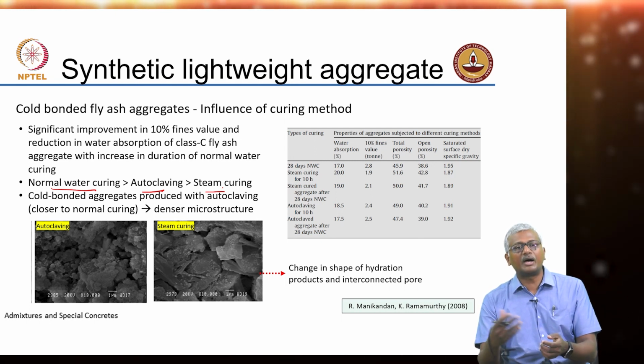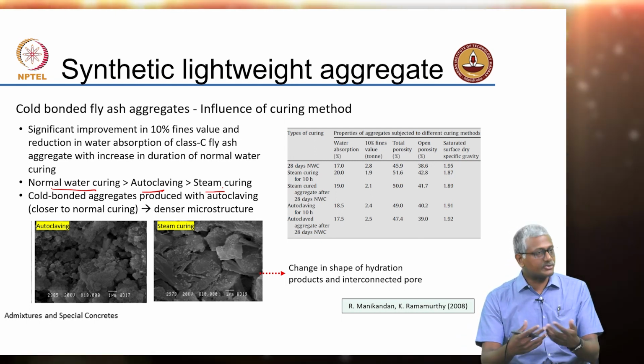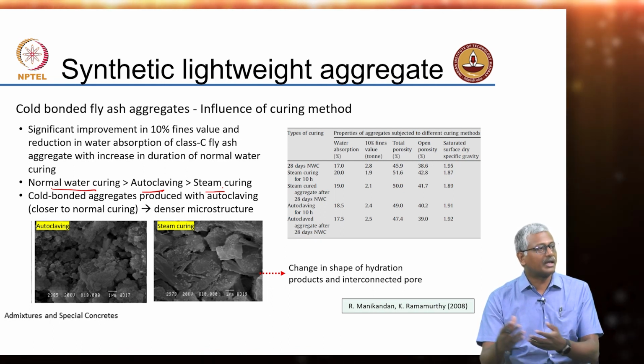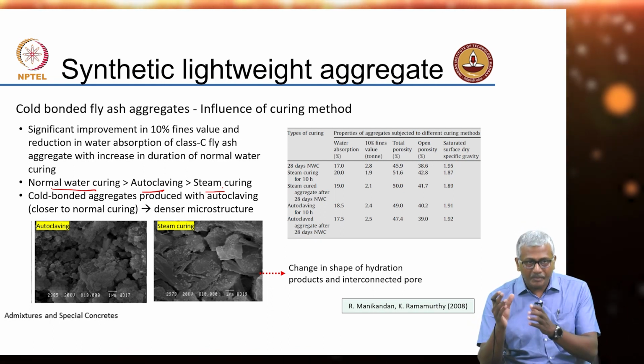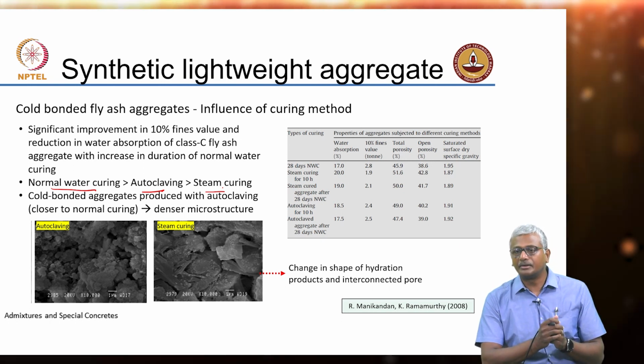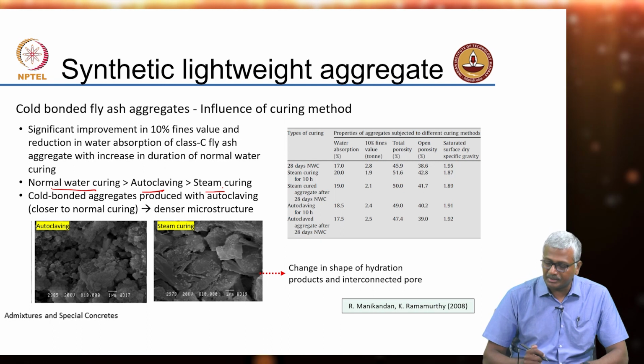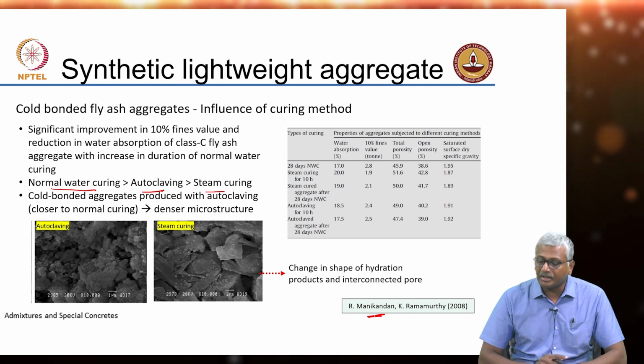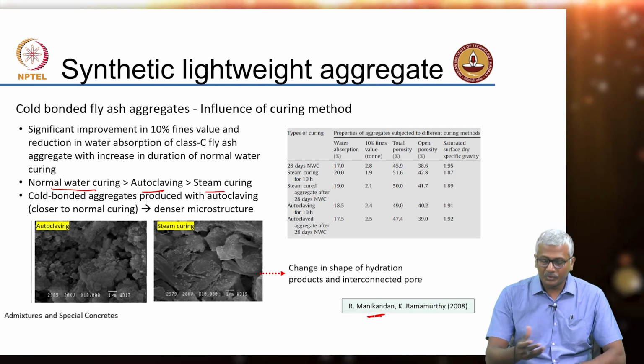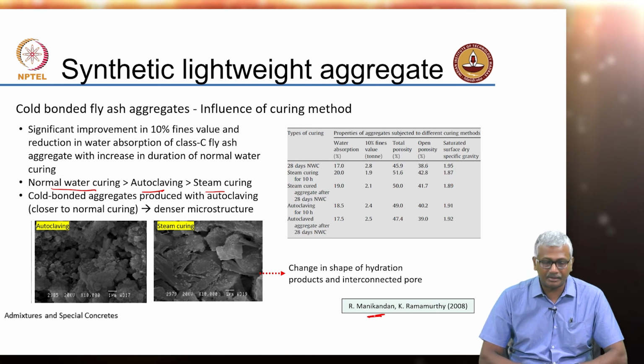If you subject that to high temperature curing, it will gain strength fast, but it may not have a long term property that is matching that of normal low temperature curing. So, same concept here also. This is just some data that is presented from the work of Manikantan, who worked on his PhD here with respect to fly ash based aggregate system.